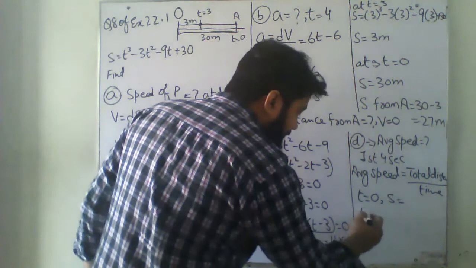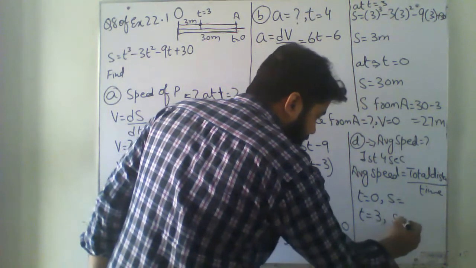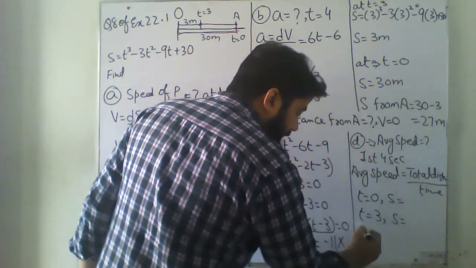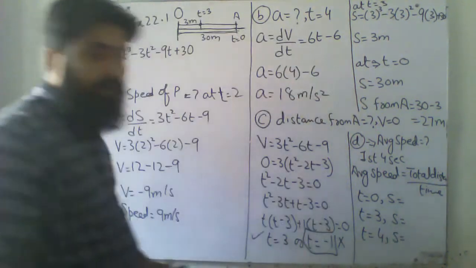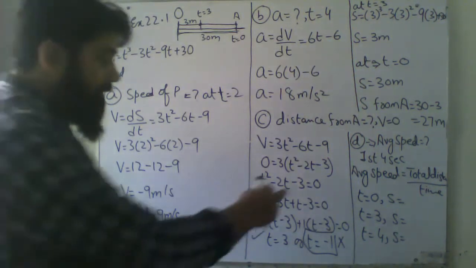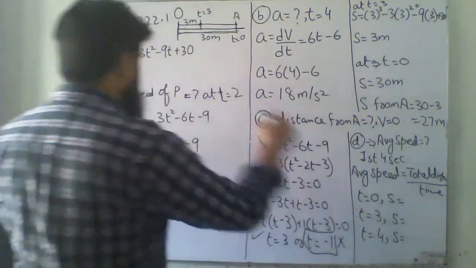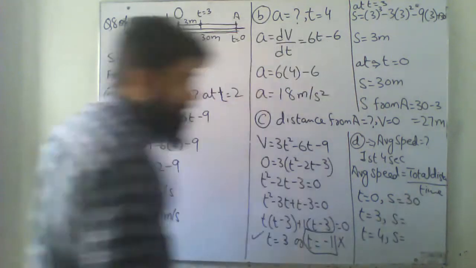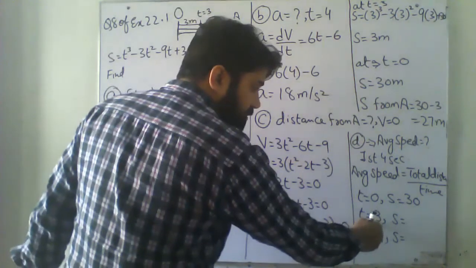So I have to find the displacement at t equals 0, at t equals 3, and at t equals 4. When t equals 0, my displacement is 30.